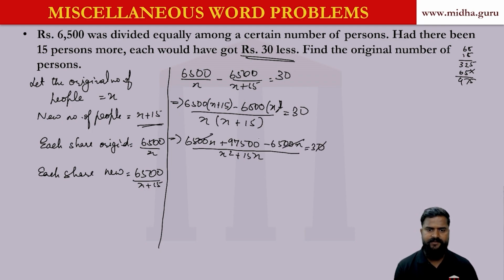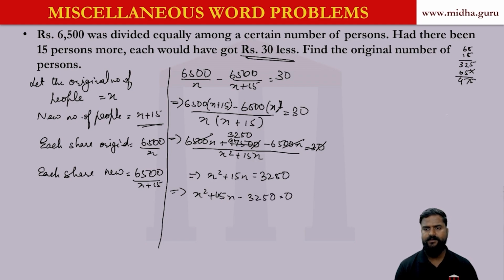So now let's see if we can divide this. Yes, we can, and then we'll divide this by 3. We will get 3250. So we have x squared plus 15x is equal to 3250. It becomes x squared plus 15x minus 3250. So now we have to solve it to get the value of x.